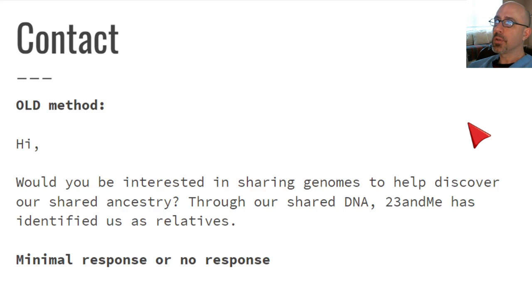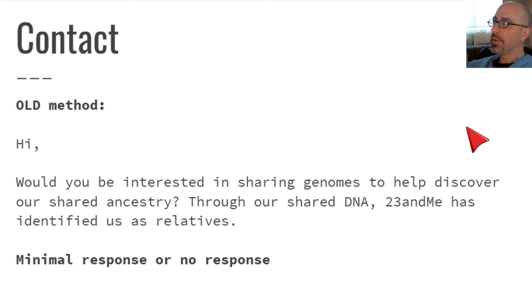and that really helped to get an enthusiastic response. So in the past, what I would do in contacting matches was to use 23andMe's form letter. That's really about all I could do, because in a lot of cases I didn't really know much about my matches, even though they might have been interesting. Understandably, the response rate was dismal with this basic form letter.